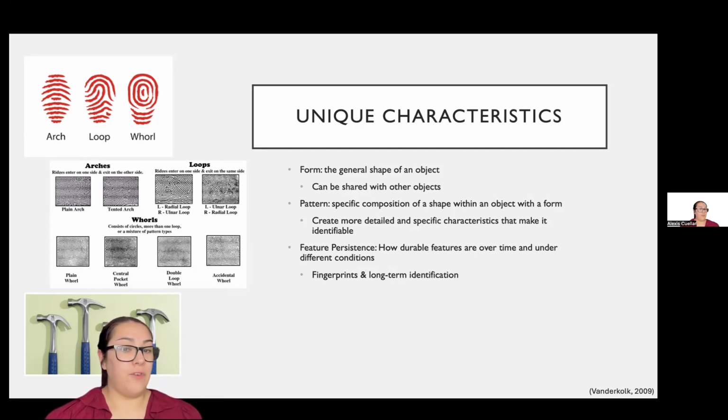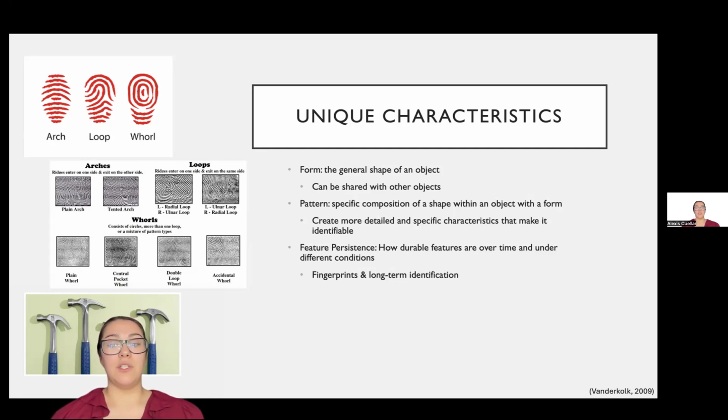And then feature persistence is how durable features are over a period of time and under various conditions. So, for example, if a hammer was used at a crime scene and wasn't used much after that, the features may be a little more prominent and identifiable, leading to a match.